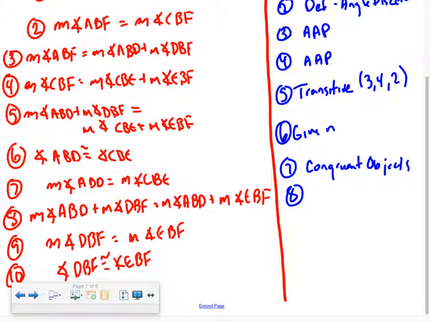Eight, now 8 is where we have to be very careful. If you look at line 8 and compare it to line 5, there's a substitution that occurs of line 7 into 5.